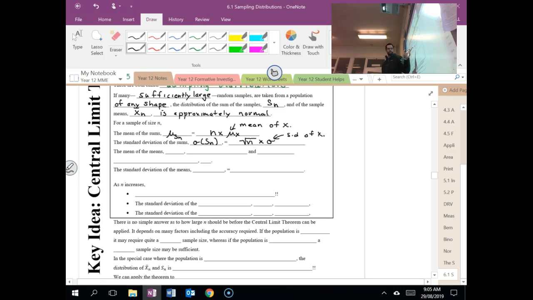So we'll see that going from the original distribution x to the standard deviation of Sn, our standard deviation increases. And just to make it clear, that's a times sign, so I'll make it a dot.